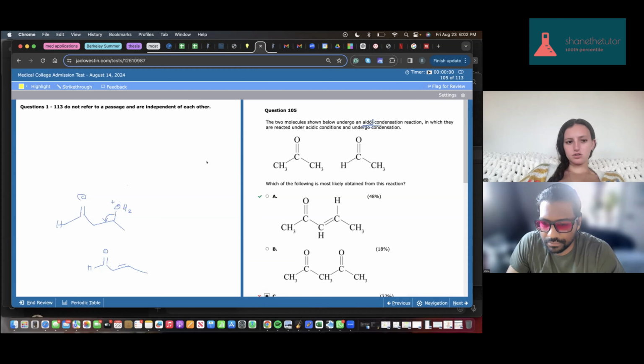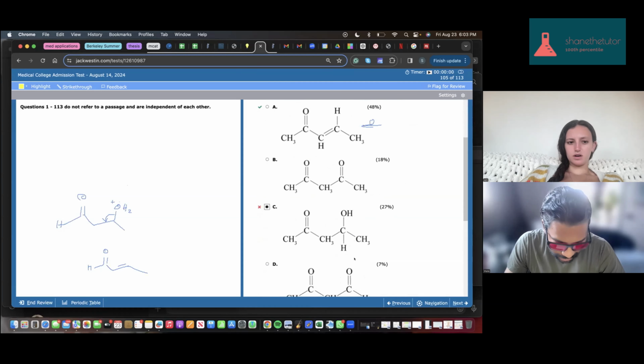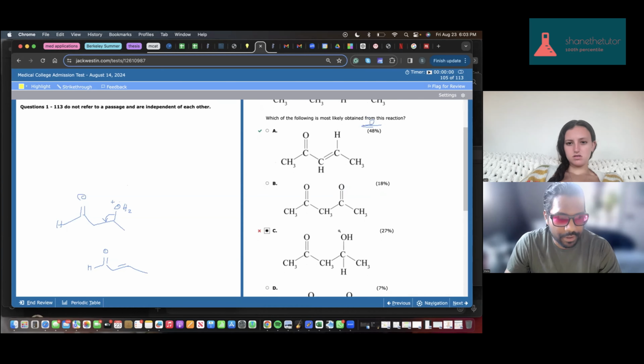So they're telling me that these are the two molecules to do. That's the carbon, the double bond, hydrogen. I guess it's all there. If we look at these choices here, B shouldn't be it because we want just one CH3 in the middle.